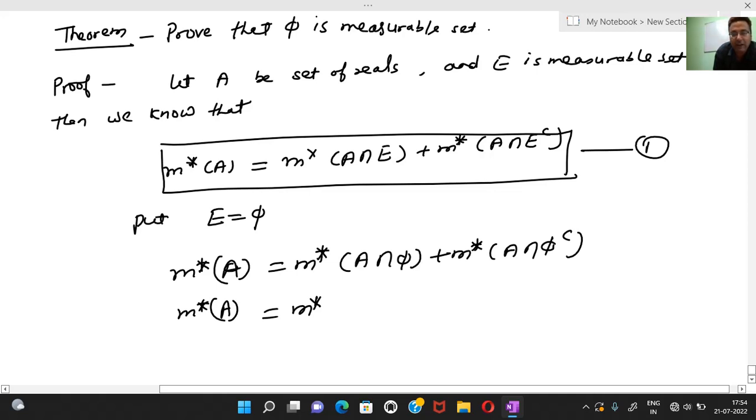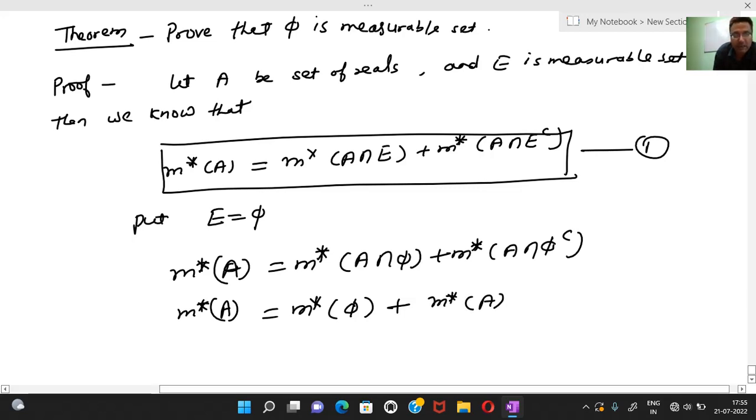A intersection phi is phi, and A intersection phi complement is the full set, then A intersection the full set is again A. So we can write here A.